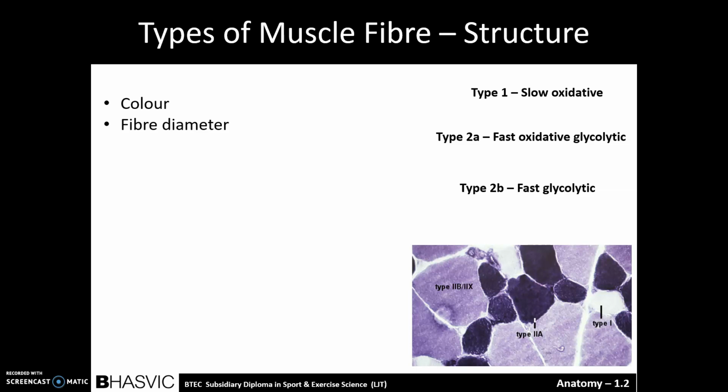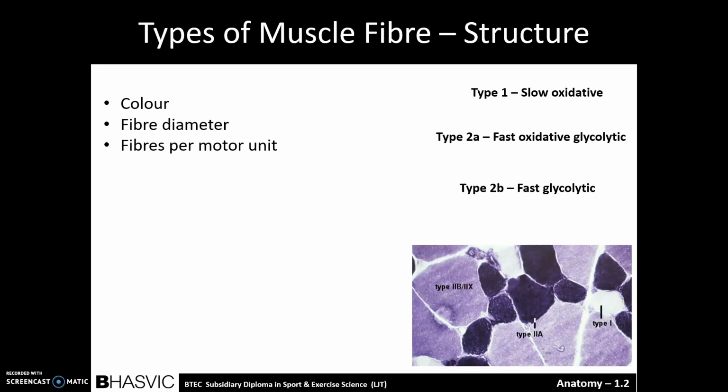So it would have a medium fiber diameter, as this is proportional, as seen in the slow oxidative. And so the fast glycolytic muscle fiber must have the largest diameter, as it's producing the highest amount of power, so it needs a big volume to produce all that power.